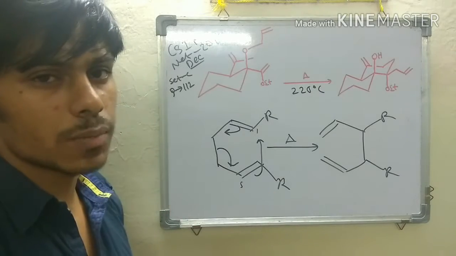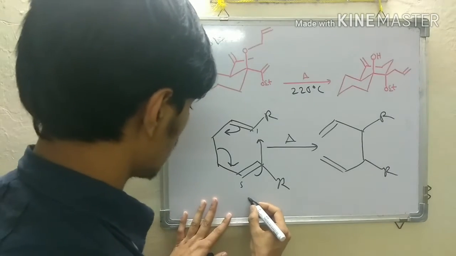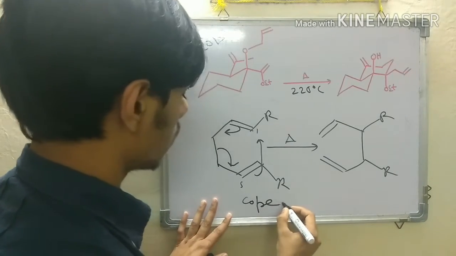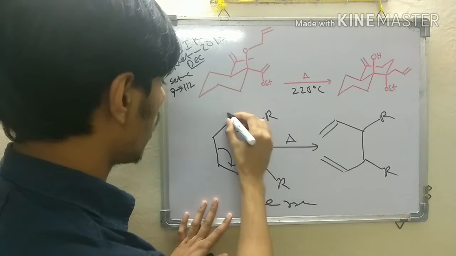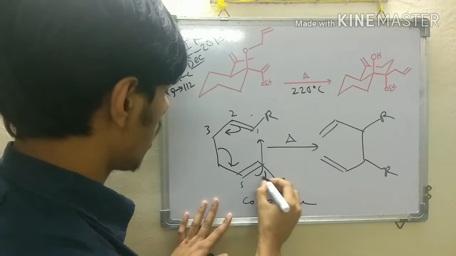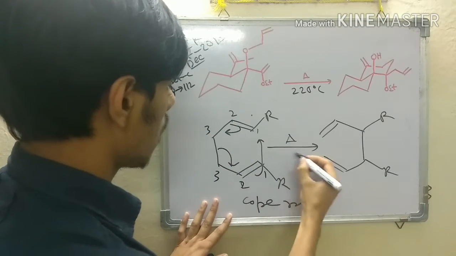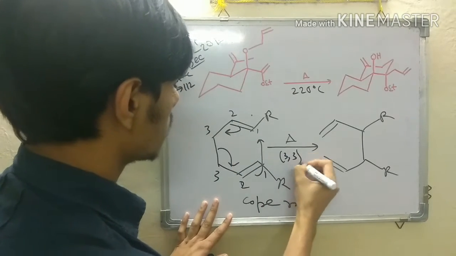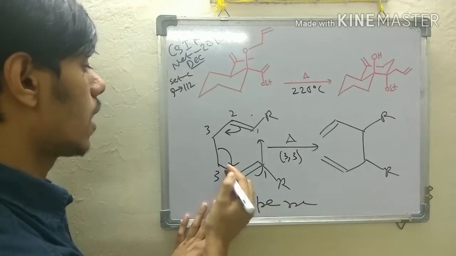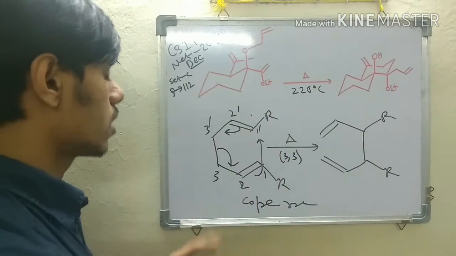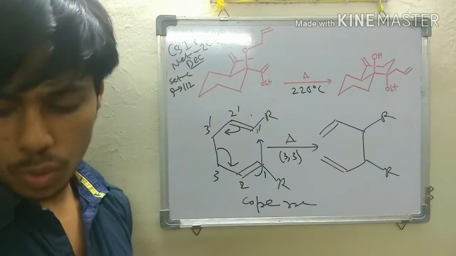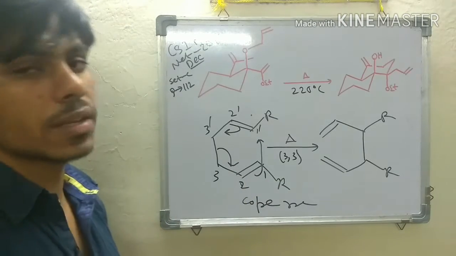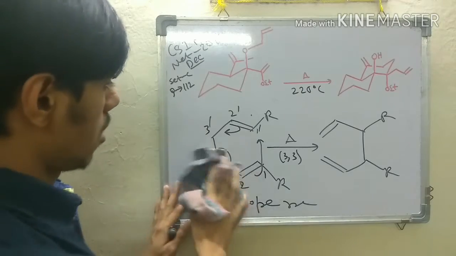This is also a sigmatropic rearrangement, and it is called the Cope rearrangement. The criterion is 1, 2, 3 and 1, 2, 3, or you can say 1', 2', 3'. This 3,3 relationship is needed for the Cope rearrangement, and also for the Claisen rearrangement.